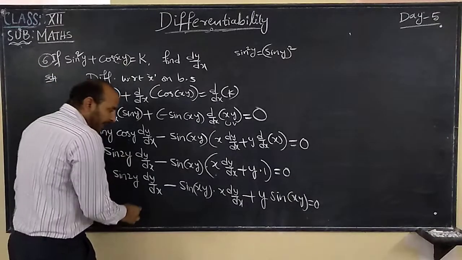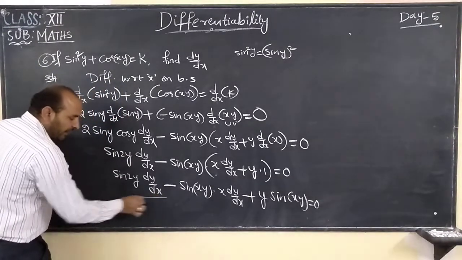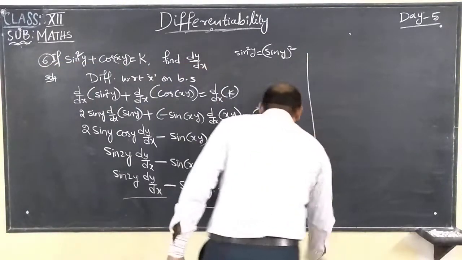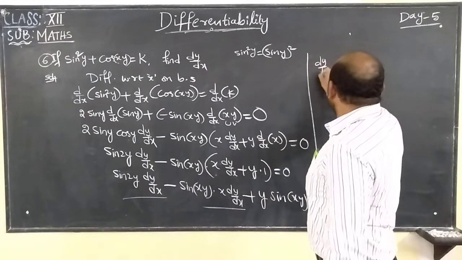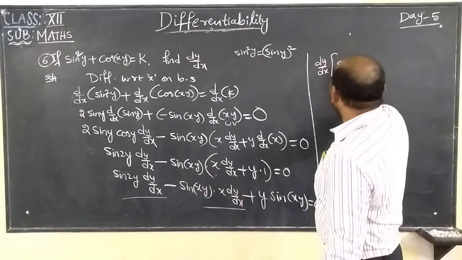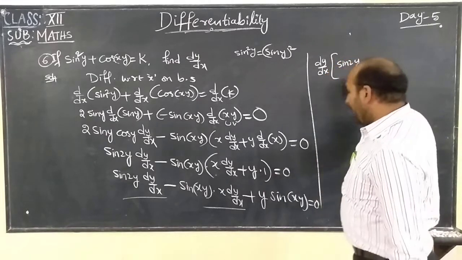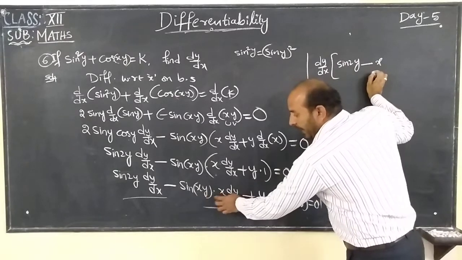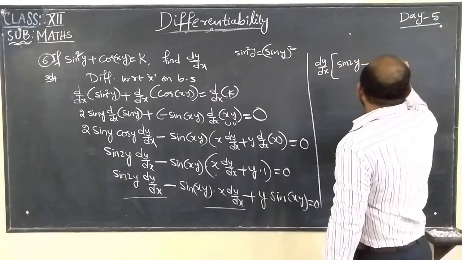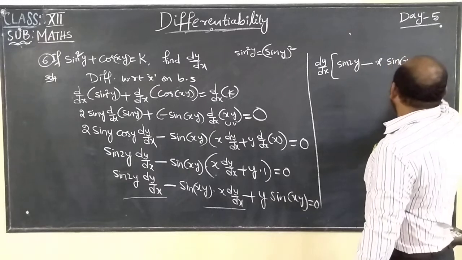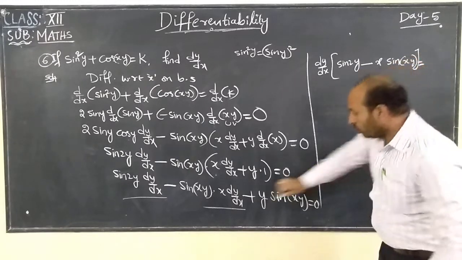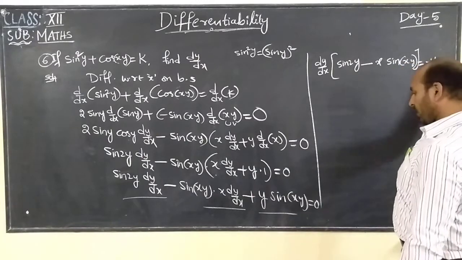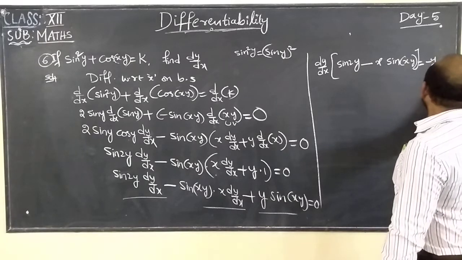So here the dy by dx terms should be taken common, here also dy by dx term, remaining term take that side. Dy by dx terms take common, you will get (sin 2y minus x into sin of xy), this is not an angle, x into sin of xy, which is equal to the remaining term taken to the right hand side, that is minus y sin of xy.